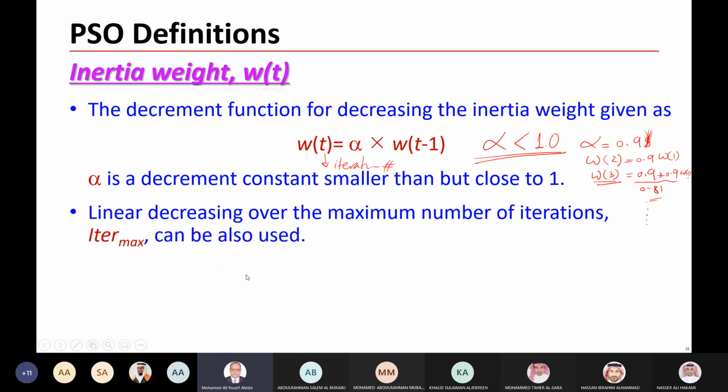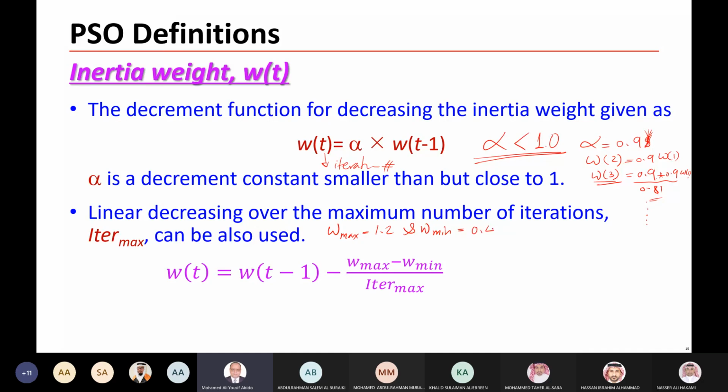Okay, there is another decreasing function for W to update it from one iteration to another, over the maximum number of iterations. You can set, for example, W max to 1.2 and W minimum equal to 0.4.